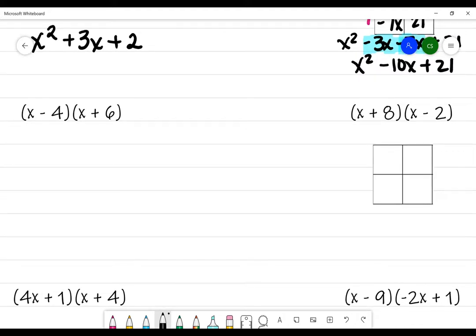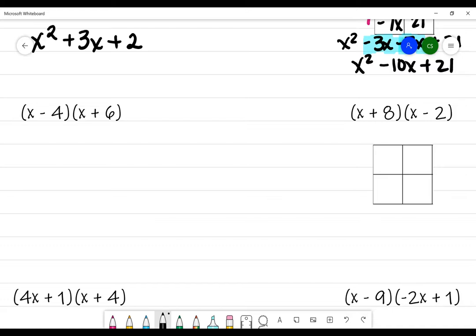All right, x minus 4 times x plus 6. This is my polynomial. So I'm going to multiply the first term in the first polynomial to the entire second one. So the first term in the first polynomial is x.